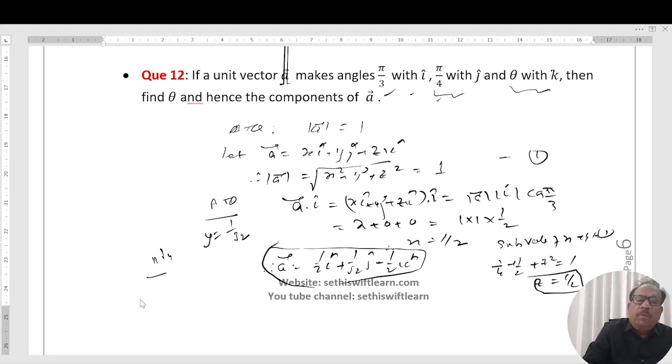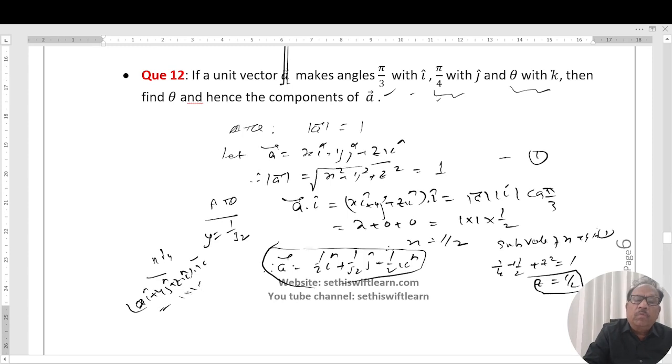So this will become (xi plus yj plus zk) dot k, which comes out to be 1 into cos of theta. That is z. z is 1 by 2 equal to cos of theta.